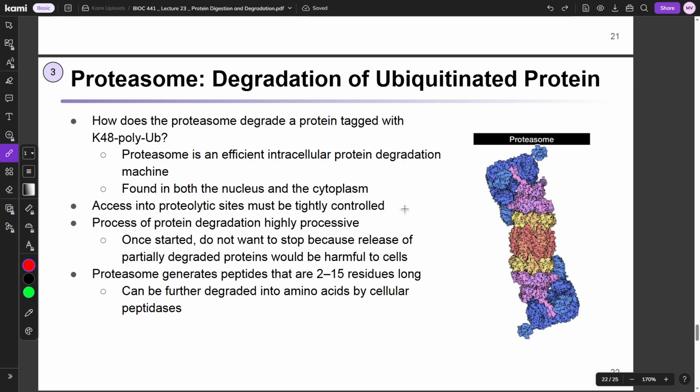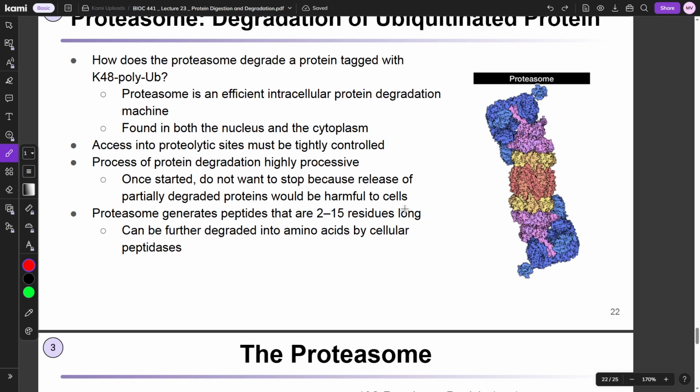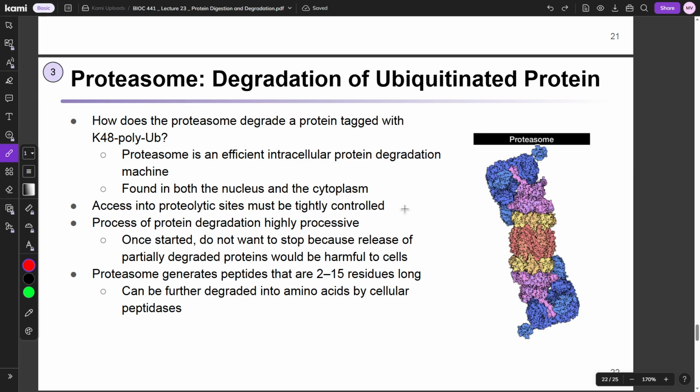So once we have bound the ubiquitin, now we move on to the proteasome. How does the proteasome actually degrade the protein when it's tagged with this K48 polyubiquitin? The proteasome is an efficient intracellular protein degradation machine, and it's found both in the nucleus and the cytoplasm. Take note, it's in both of them, not just in one.